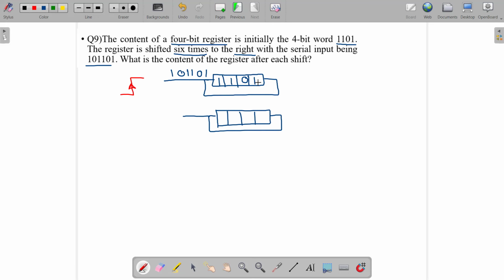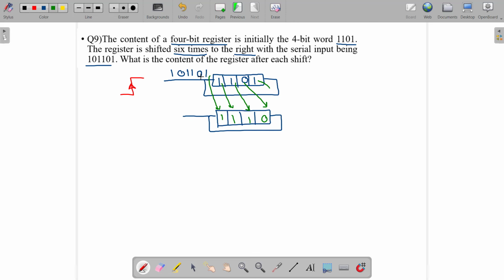After shifting the register, this one moves here, this one moves here, this one moves here, and this.